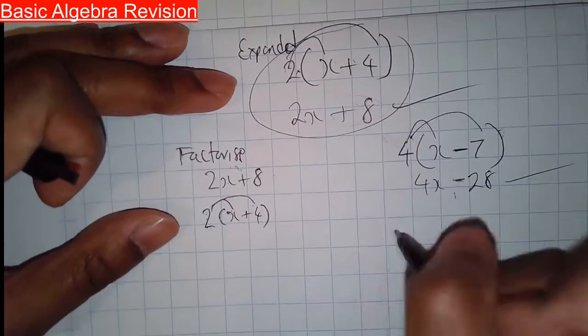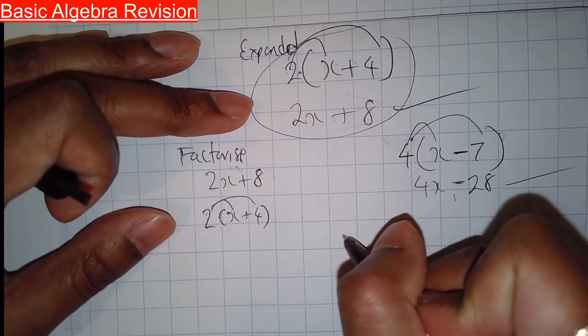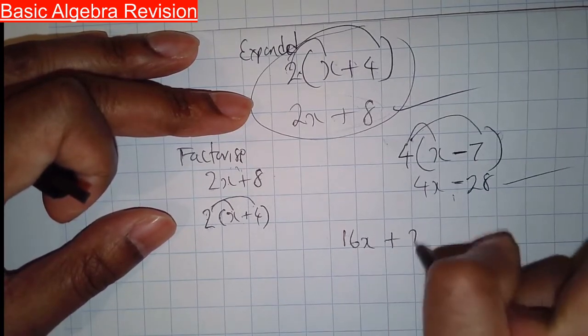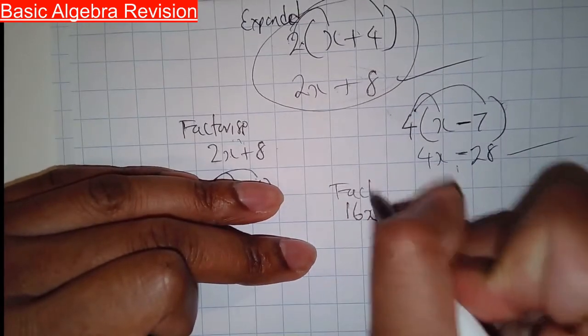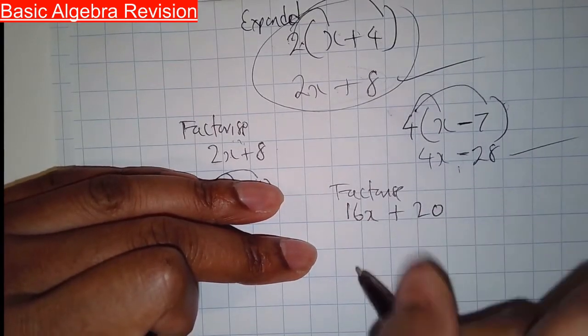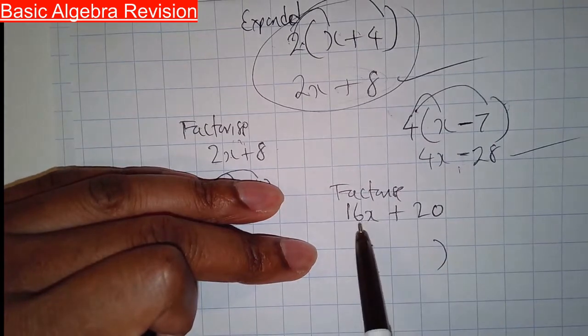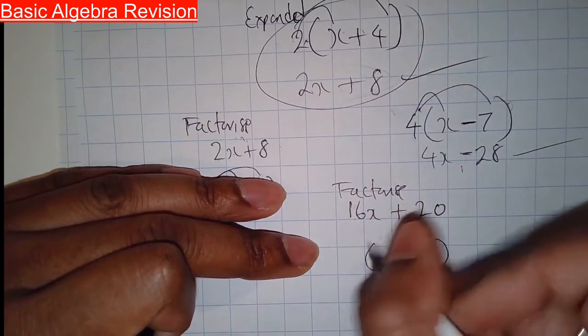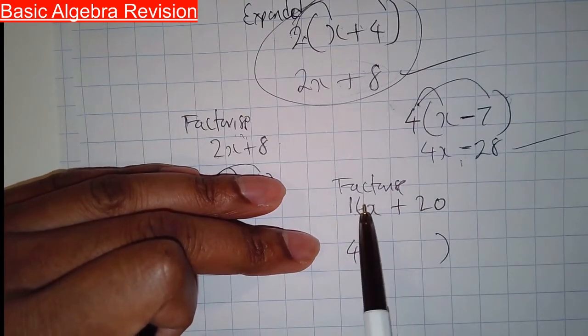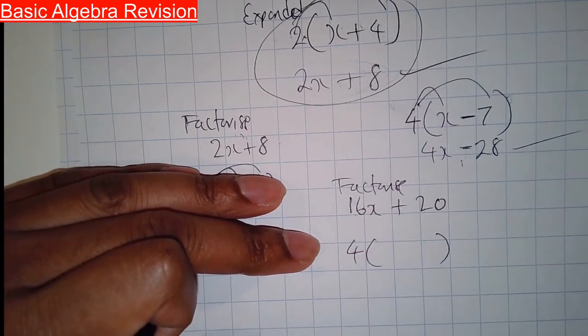Right, let's try something totally different. Let's factorize this one. So when you want to factorize this, start with brackets and think, what's the biggest number that goes into 16 and 20? It's 4. Check. Is 16 in the 4 times table? Yes.